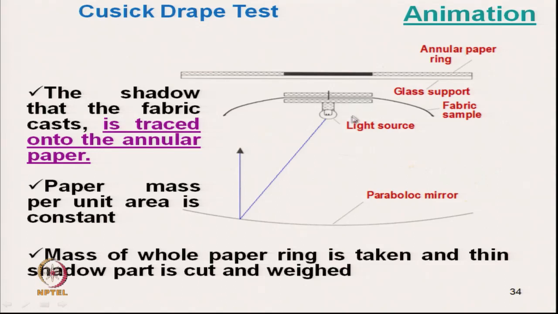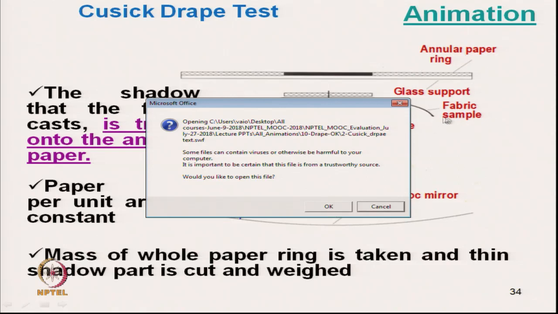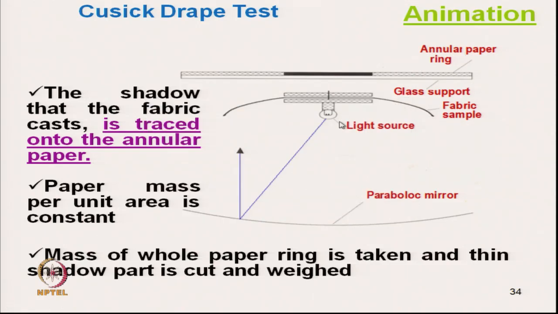The paper mass per unit area is constant; the mass of the whole paper is taken and then the shadow part is cut out and weighed. Now, if we see the animation, but before that let me explain here.